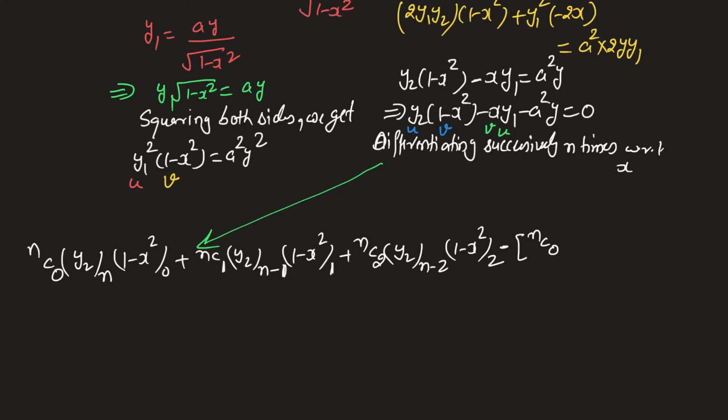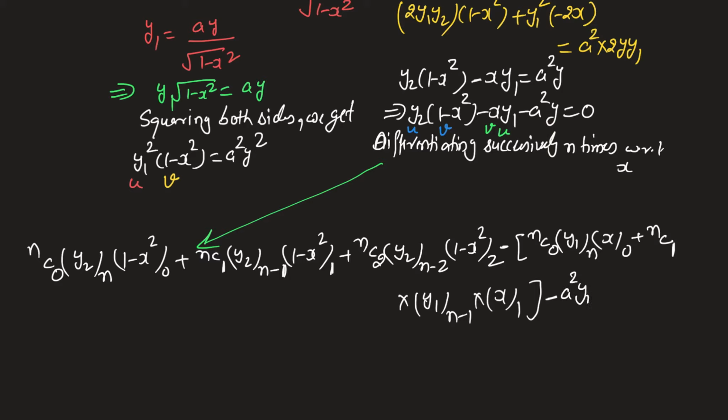Okay, so this is y1 n, 0 order derivative of x, plus nC1 into y1 n minus 1 into first order derivative of this one, minus a square y, it will be minus a square yn, equal to 0.